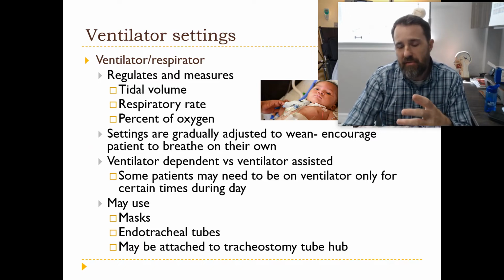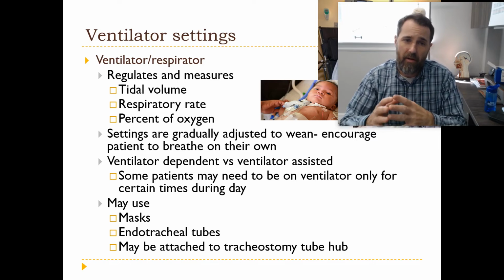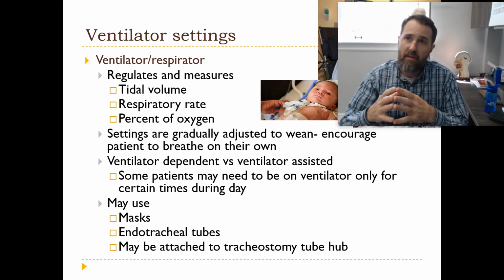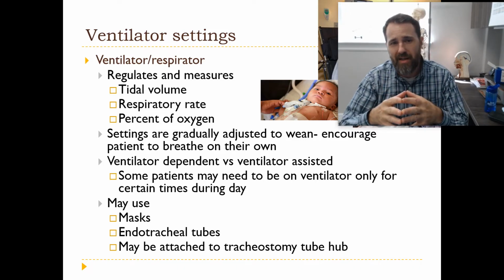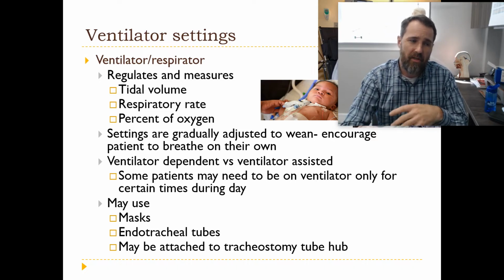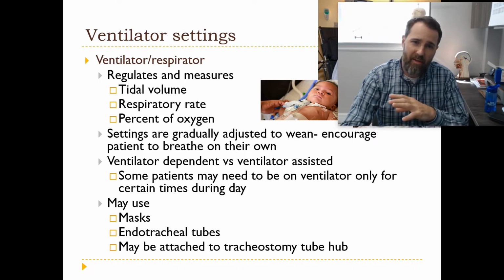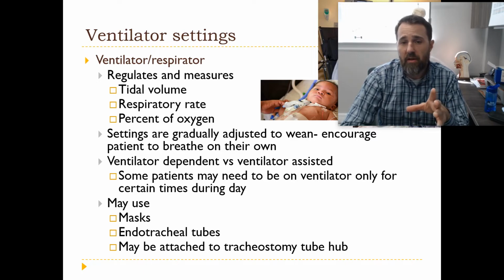So patients that are on a ventilator are having their tidal volume controlled by the ventilator. They're having their rate of respiration, the speed of the respiratory cycle, controlled by the ventilator. And they're also having the percent of oxygen in the air that they're breathing controlled. And generally speaking, the doctors want the patients to be as least dependent on the ventilator for respiration as is possible.